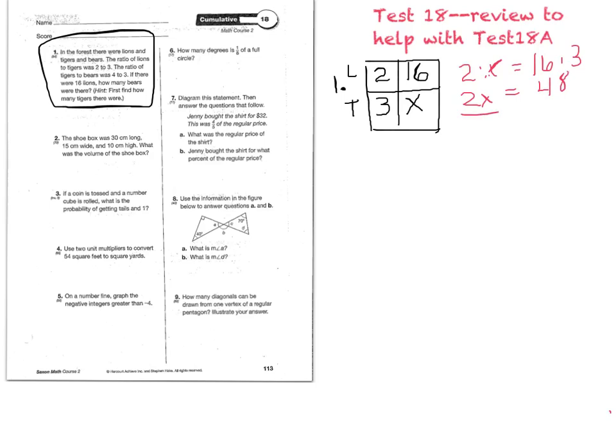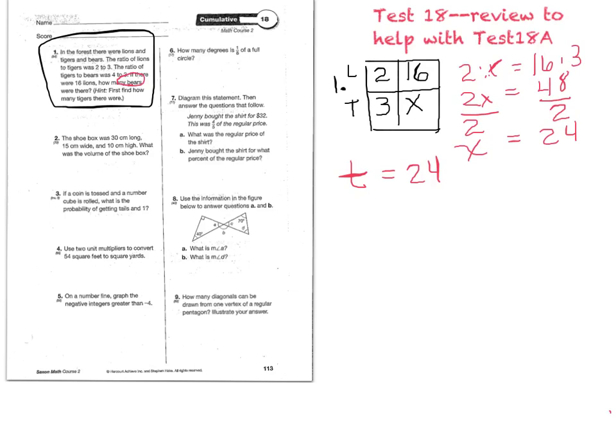And then we divide both sides by 2. And we end up with x, which is our tigers, equal to 24. Now, that's awesome. But that just gives us the tigers. Now we know tigers is 24. We're not done yet because we're looking for bears.